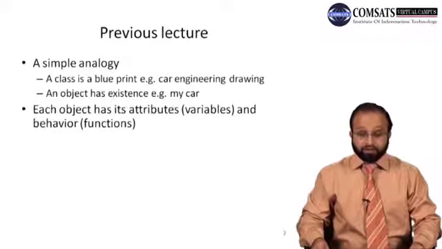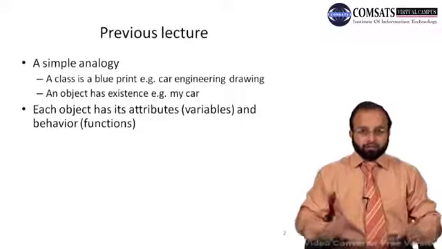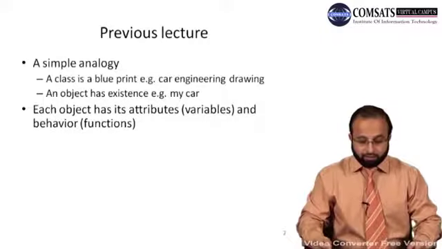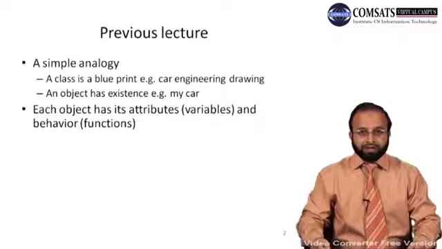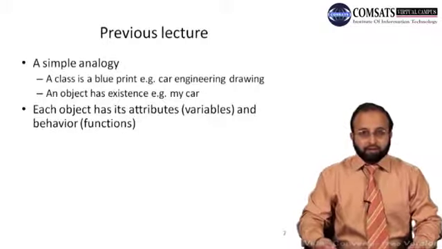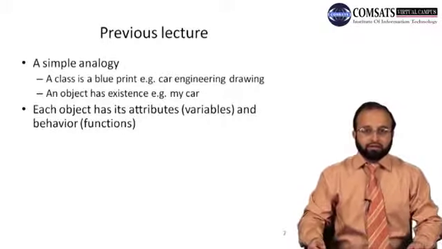Each object has its attribute, that is variable, and behavior, that is function. So a class is something that is on paper or in the system that describes what the behavior is if any object of that class has been created, right?